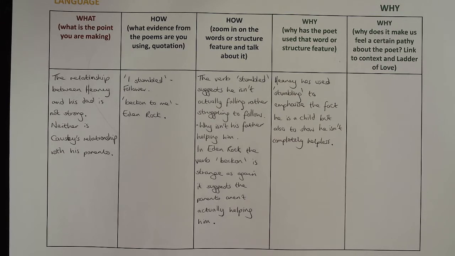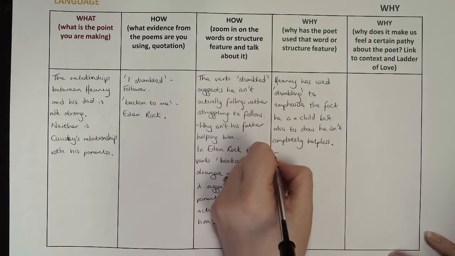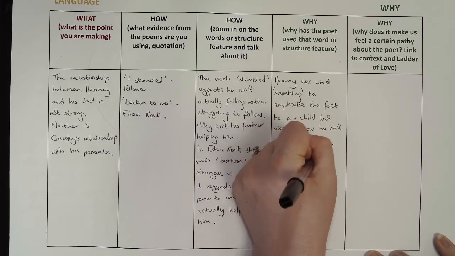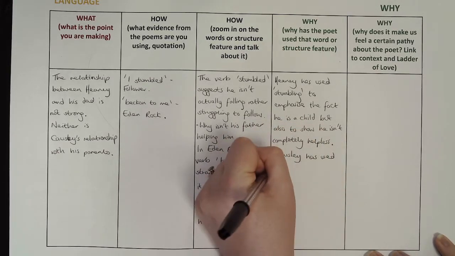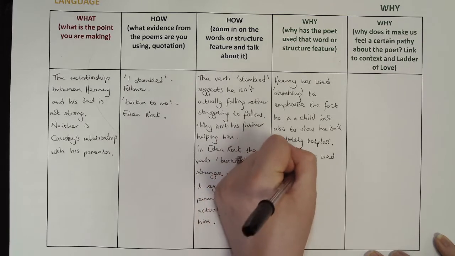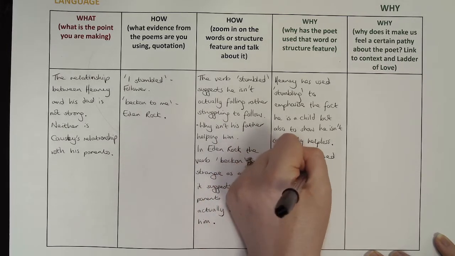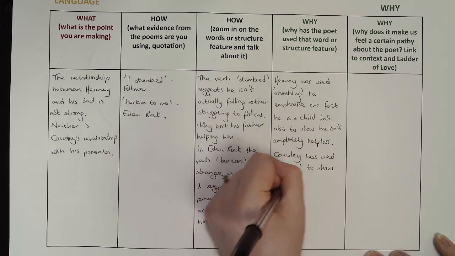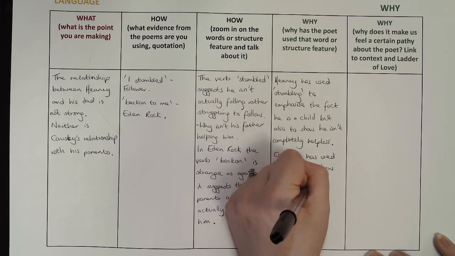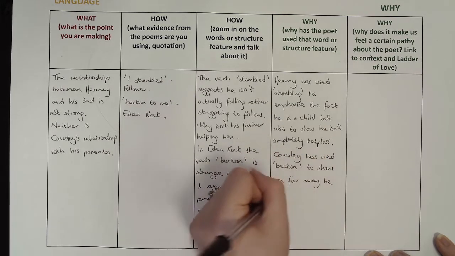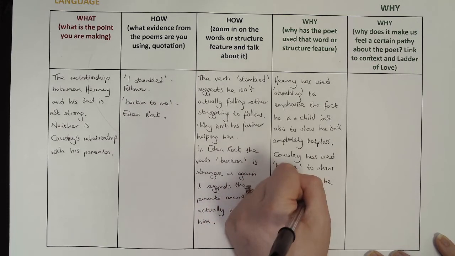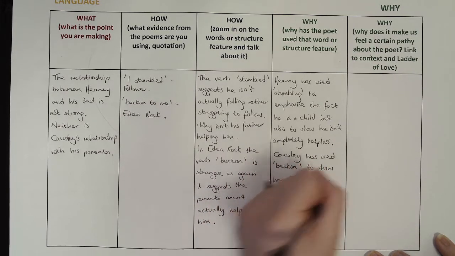Because I've now written about "Follower", I have to write about "Eden Rock" to get those marks. So Causley has used "beckon", quotation marks around it, to show how far away he physically is from his parents.